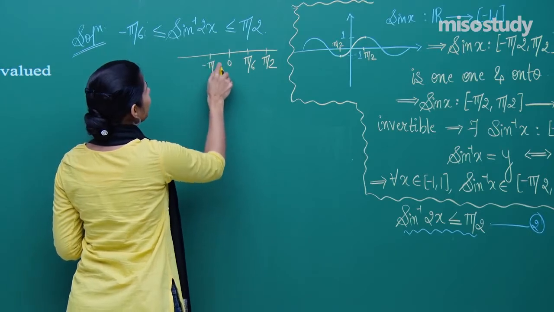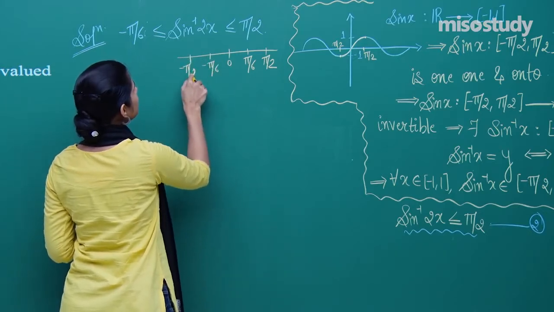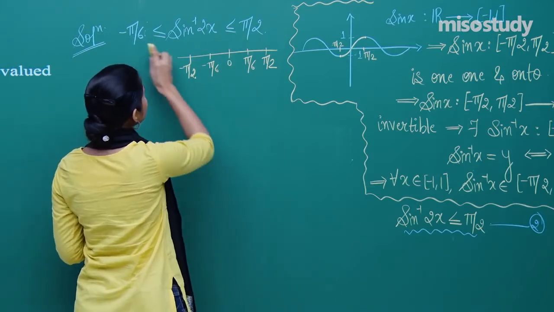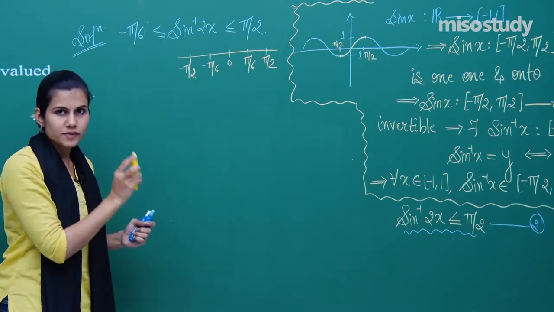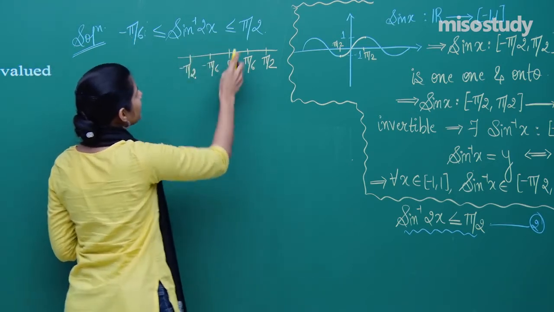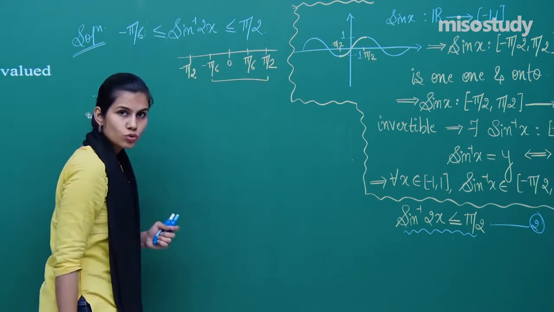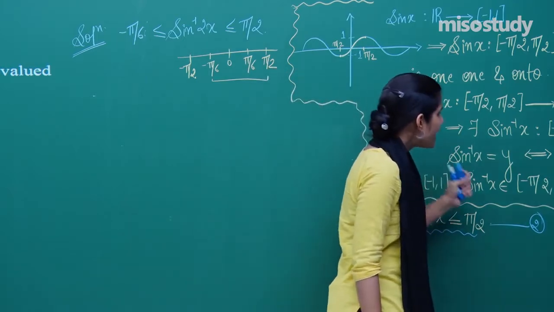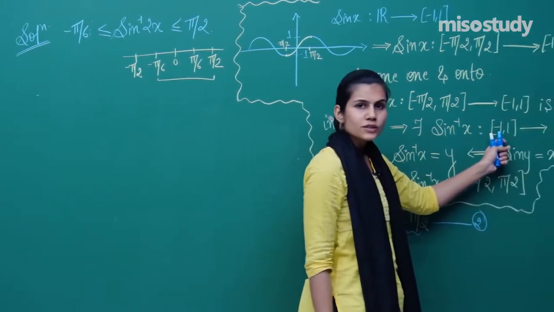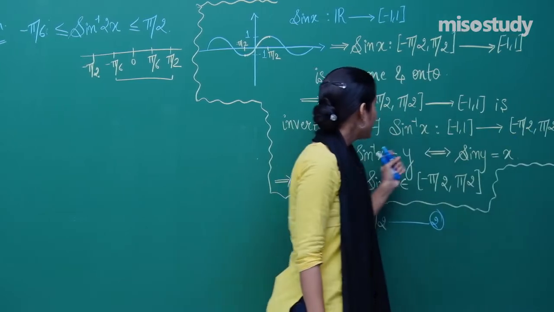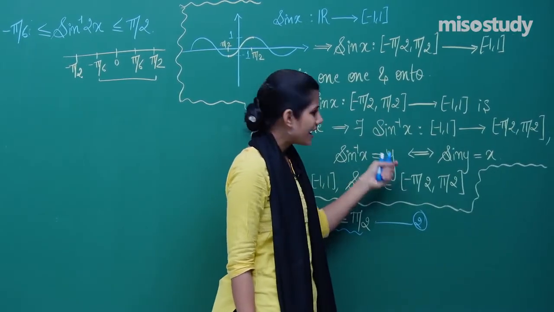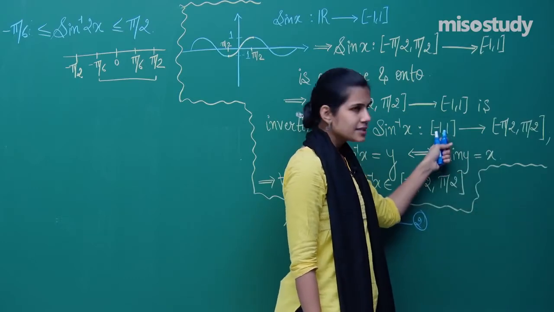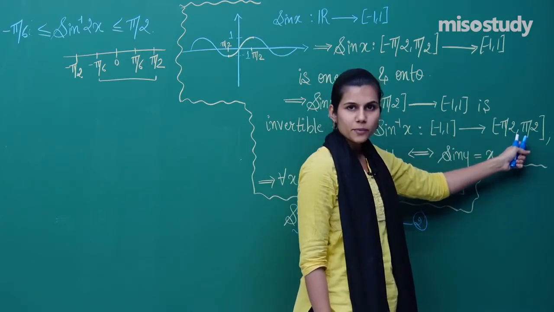Similarly, here this is my minus pi by 6 and this is my minus pi by 2. So, because right now I am only concerned with sine inverse of something being between minus pi by 6 to pi by 2, the definition of inverse says whenever x belongs to minus 1, 1, in that case sine inverse x equals y implies sine y equals x, provided x is coming from this interval and y is coming from this interval.